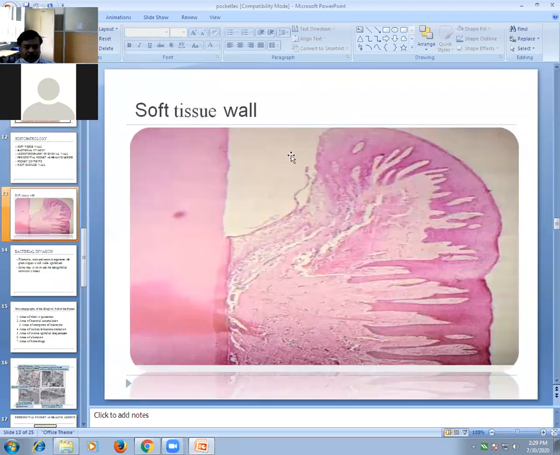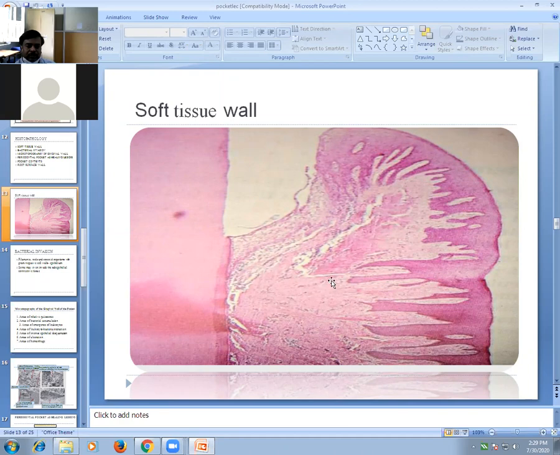When you see a histological section of the pocket, the junctional epithelium starts forming rete pegs, elongated rete pegs extending into the connective tissue. Around these rete pegs there will be inflammatory cell infiltration.